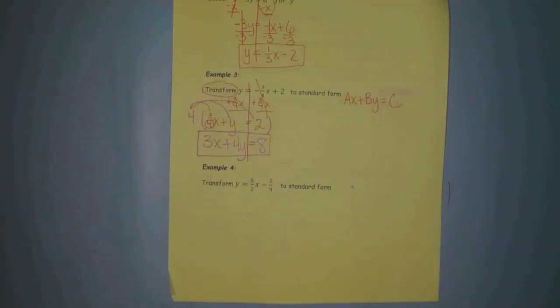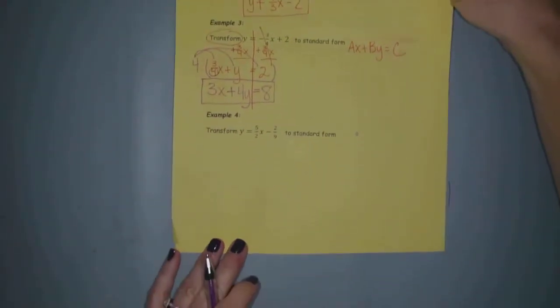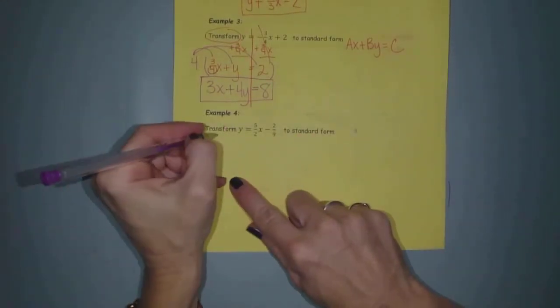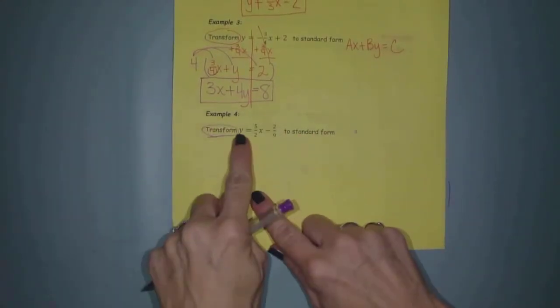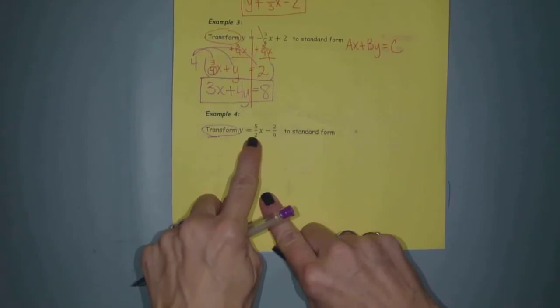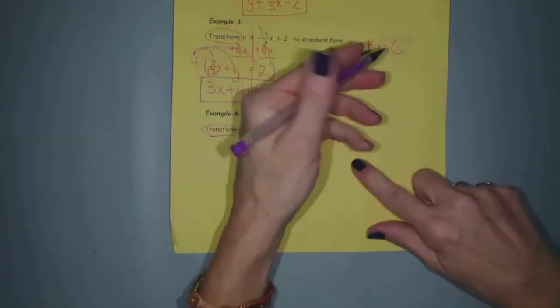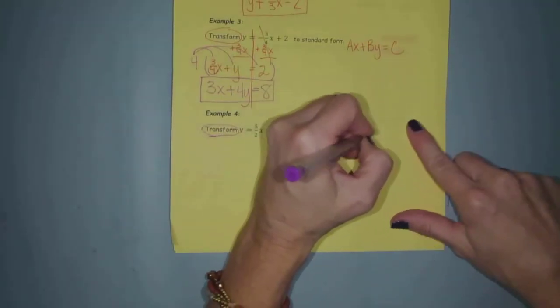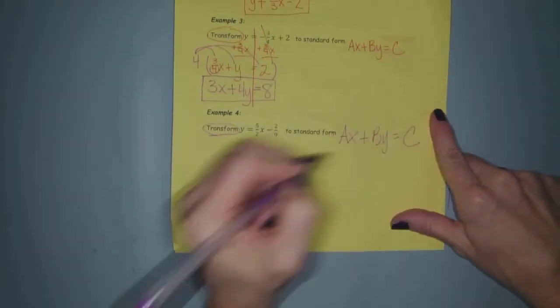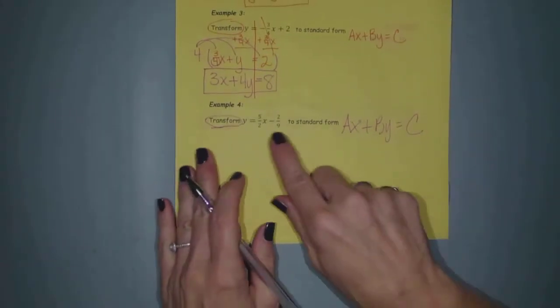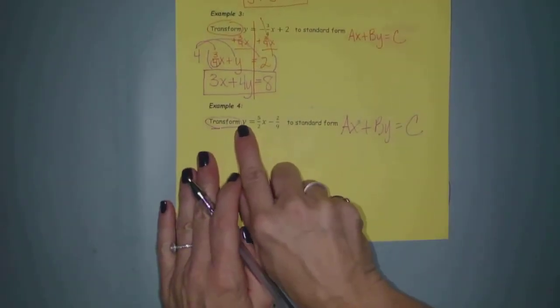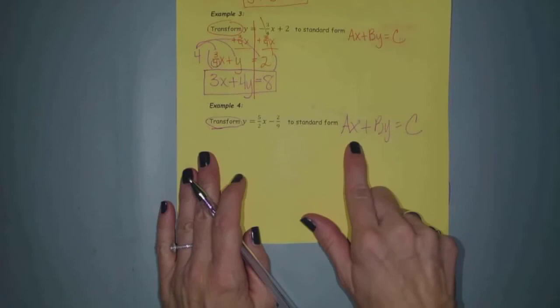You did it. Okay, one more. It's another transform. So transform or change y equals 5/2x minus 2/9 to standard form. Again, axe, body, cologne. All right? So here you see the y's over here. So we've got body, but we need axe in the front.